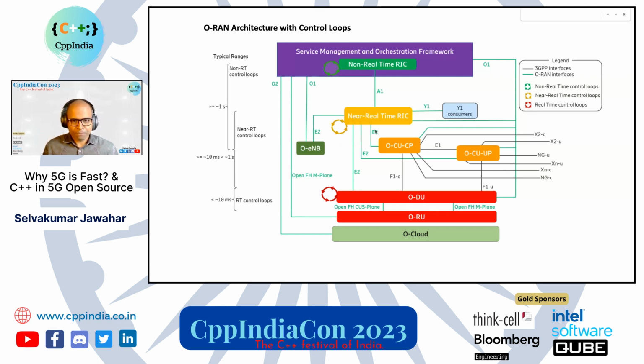But the near real-time RIC framework is mostly written in C, and many components are written in C++ as well. There are bindings for other languages too, like Rust, Go, or Python, but many of the core components are written in C and many in C++. So if somebody tells you that C++ is not used in newer technologies or projects, this is one example where it is used in cutting-edge technology.